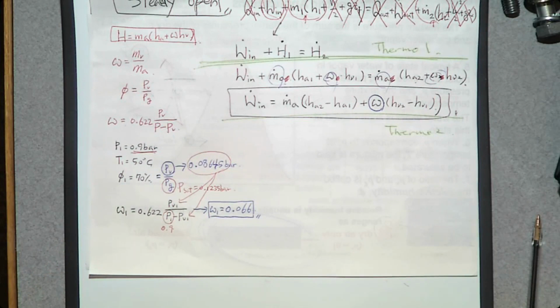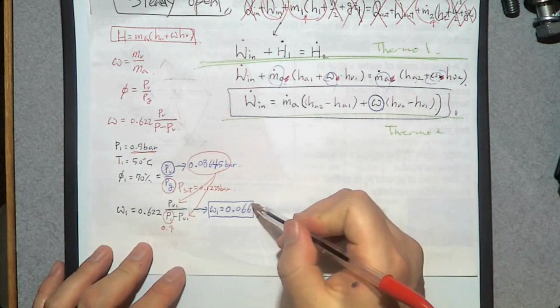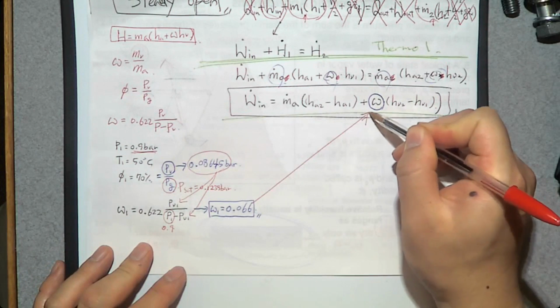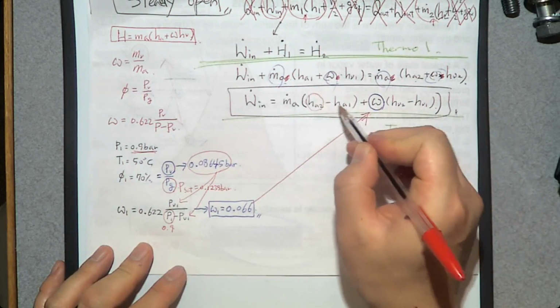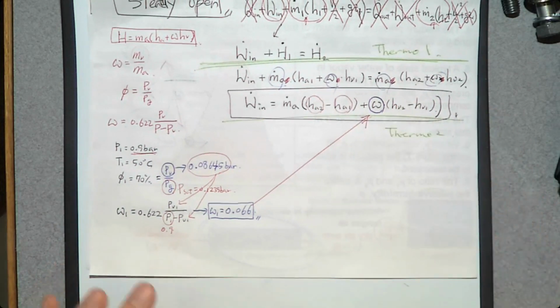You can just say omega. Then this one goes there. What about hA2 minus hA1? We can go to table A-22.